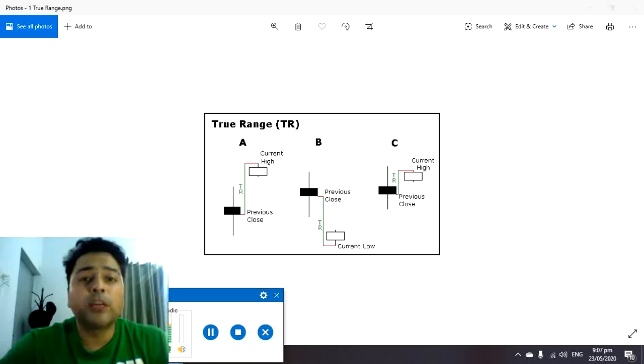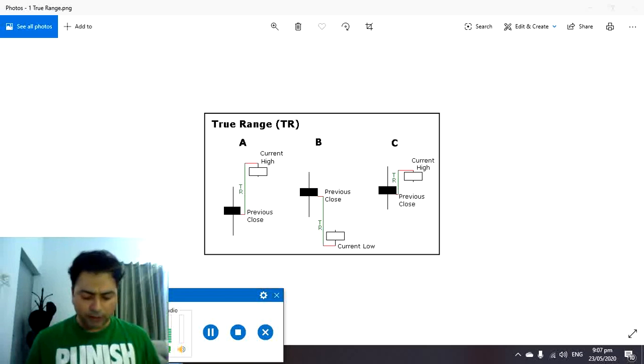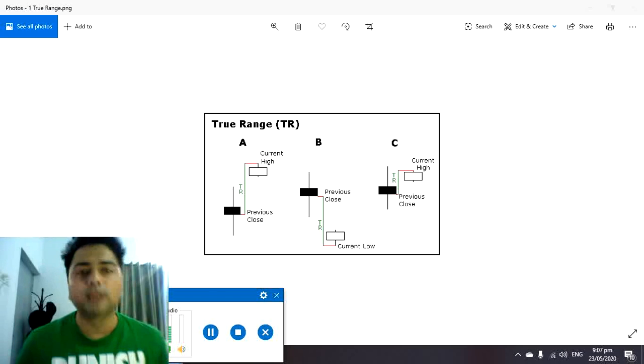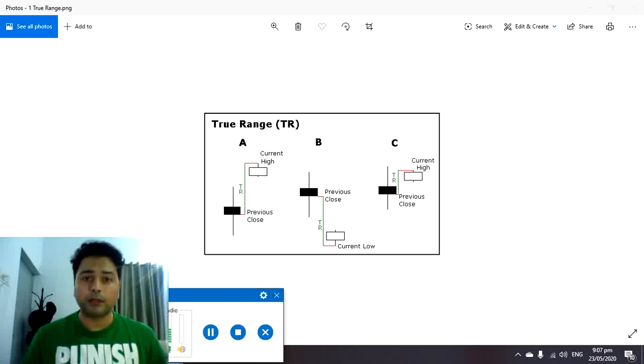A gap occurs when the previous high is higher than the current high, signaling a gap down or limit move, or the previous low is lower than the current low, signaling a gap up or a limit move.